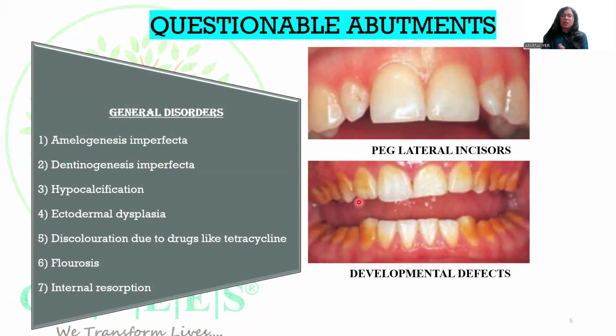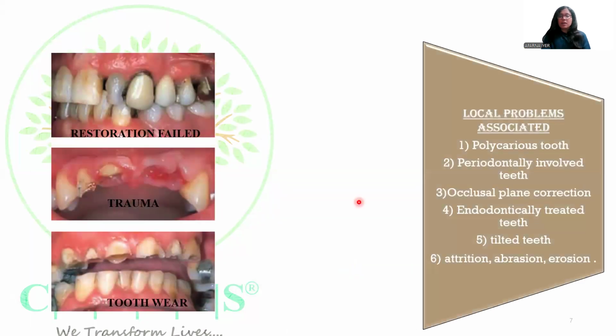So there are abutments which are defective in size, shape, or number. If the structure of the abutment teeth is affected, it is mainly due to developmental defects in the structure, such as amelogenesis or dentinogenesis imperfecta, fluorosis or hypercalcification, internal resorption, etc. Other defects include environmental ones, that is caries, trauma, or if the tooth is tilted after extraction due to drifting or supraeruption, or if the tooth is abraded or attrited due to parafunctional habits or erosion.